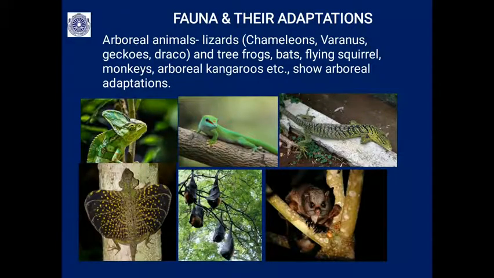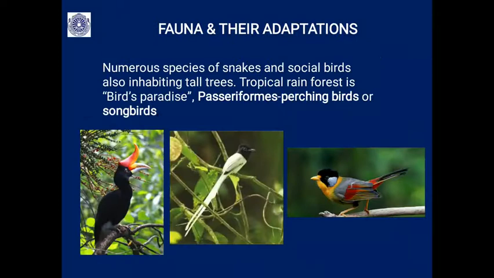Then varieties of arboreal animals, you may see in the pictures: lizards, chameleons, varanus, geckos, then dracos, varieties of tree frogs, the flying squirrel, varieties of bats, monkeys, arboreal kangaroos. All these arboreal animals dominate the canopy of the tropical rainforest.